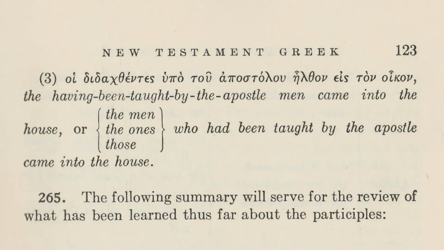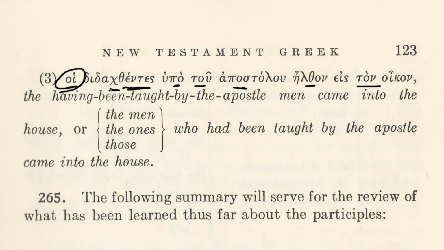Our third sentence, third example provided by Machen, hoi didacthintes hupo tu apostolou, eilthon eiston oikon. So once again, I'm going to notice that I have an aorist passive, but I notice it's in the attributive position.